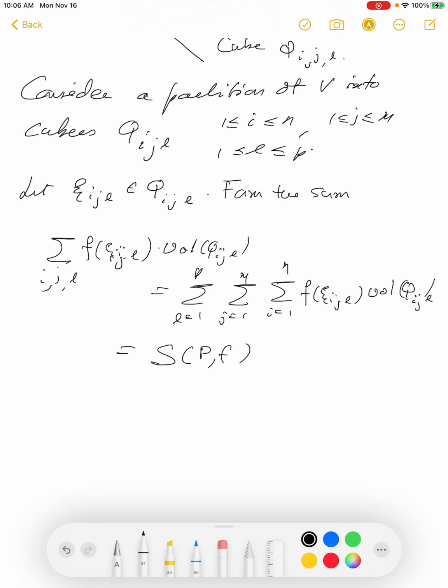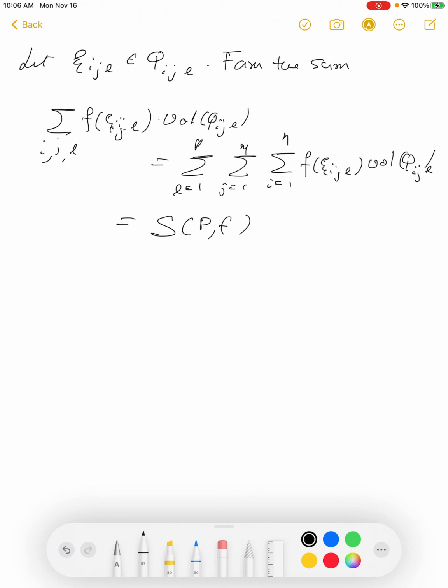The point is, as the partition is made finer and finer, all these limits exist and they are equal, and that will be called the triple integral of f. So this is a result. This again you will prove in advanced calculus: as the norm of P tends to 0, that is, the partition is made finer and finer.